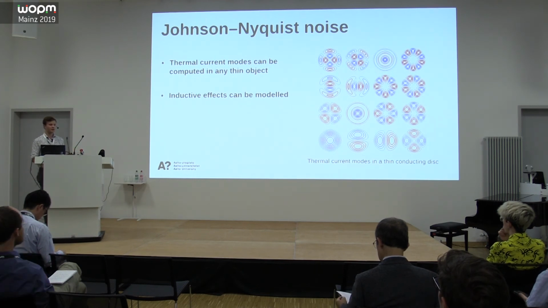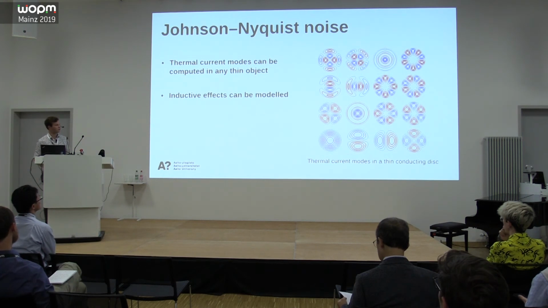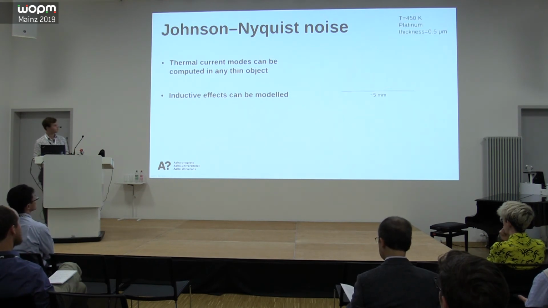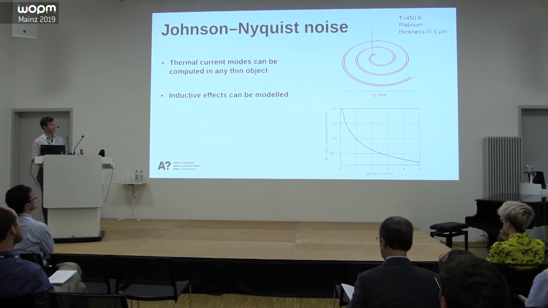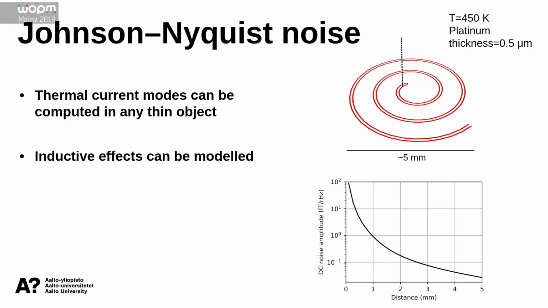And then you normalize the contribution of each of these modes based on the Laplacian matrix or Laplace-Beltrami operator. And we can also model inductive effects at high frequencies. So here's an example of a thin film platinum, some kind of perhaps a heater or whatever. You can see here at the DC or white noise level, thermal noise.